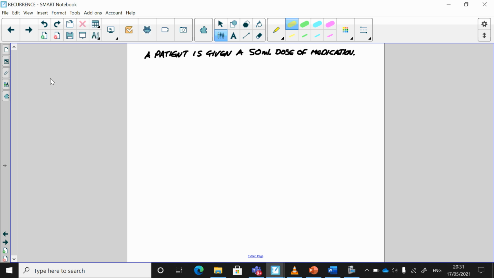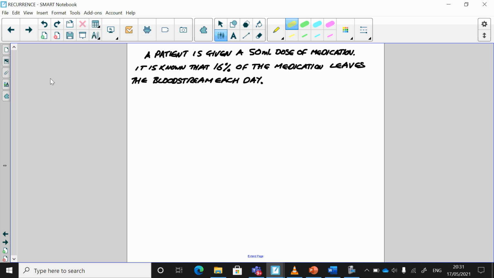Next piece of information. Medication will leave the body by various means. So it's saying that 16% of the medication leaves the bloodstream each day. So this is the increasing or decreasing value here.